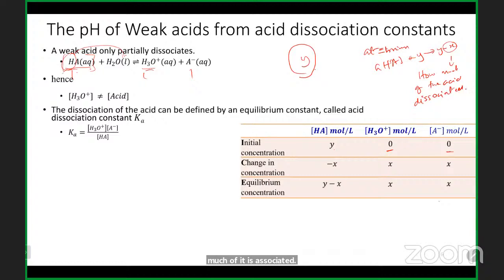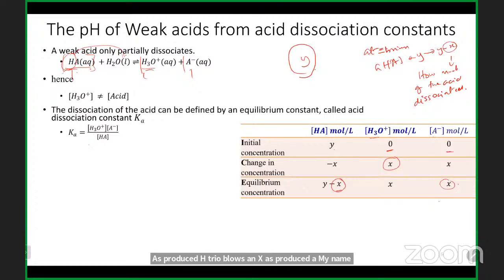If we look at the equation, it's a 1-to-1 ratio. So if X has been released, X has produced H3O plus and X has produced A minus.